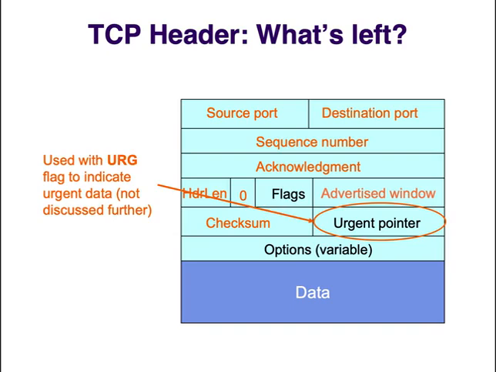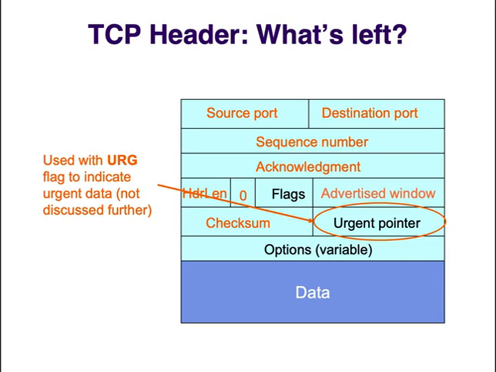There's something called an urgent pointer, which I'm just going to mention here, but we don't worry about it in this class. The idea when they designed it was, let's say you'd sent a bunch of data to a receiver that was processing that data. And then you have the equivalent of a control C. You want to stop processing. It's important that the receiving end stop taking in the data and processing it.